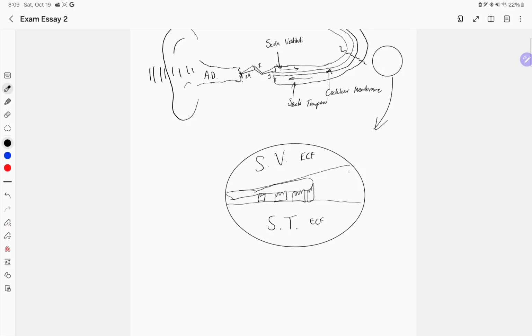Now here in the cochlear membrane. No, I think it's the cochlear duct. Is it the membrane or the duct? Well, either way, essentially what we've got going on here is there's a membrane here called the Reisner's membrane.